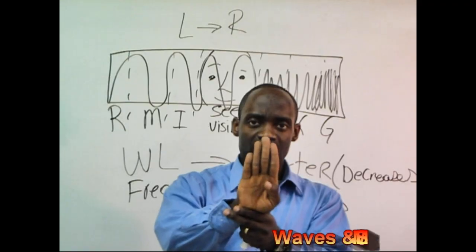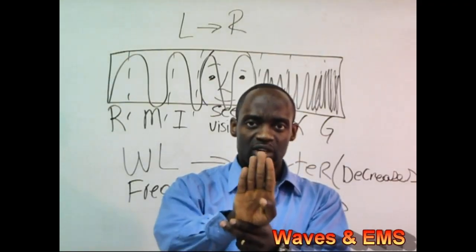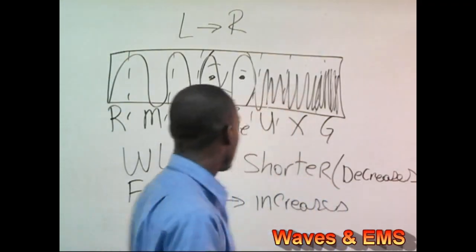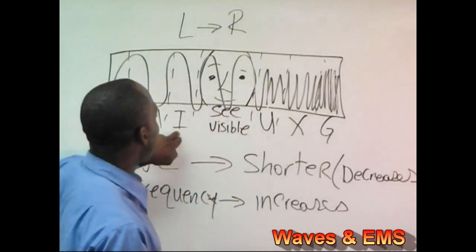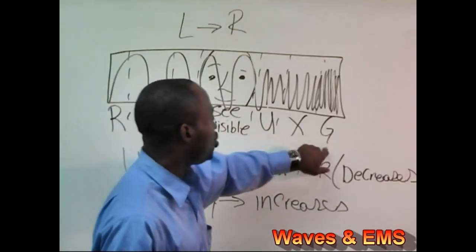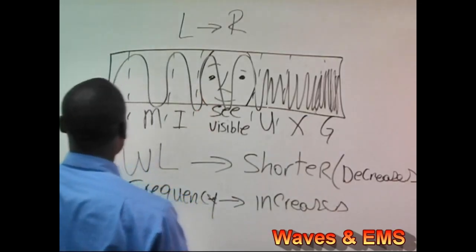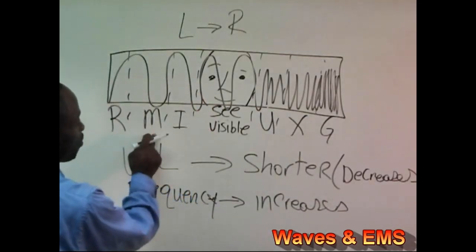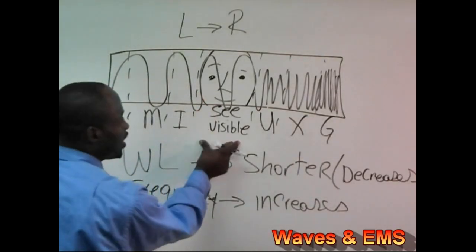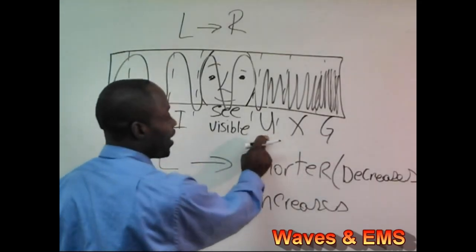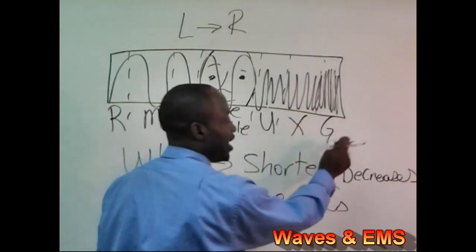So my wavelength decreases, but my frequency increases. Does that make sense? So remember, RMICUXG: radio wave, microwave, infrared, visible spectrum, ultraviolet, X-ray, and gamma ray.